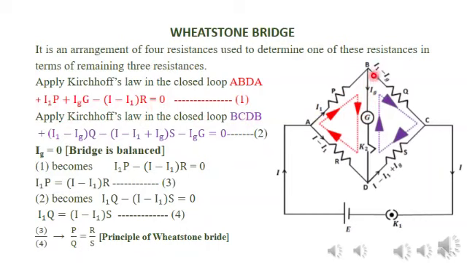Since the current Ig flows through resistance G, the product is Ig into G.